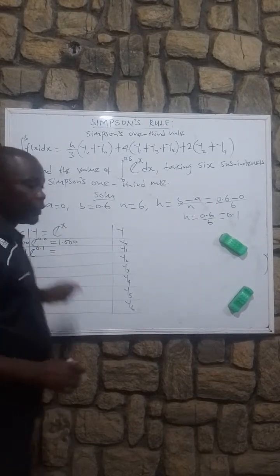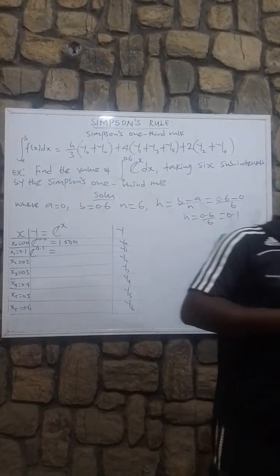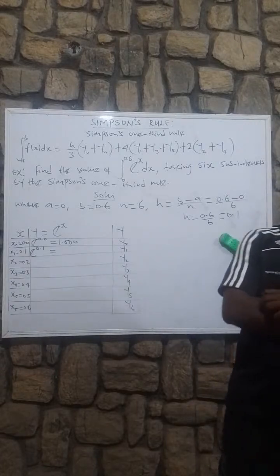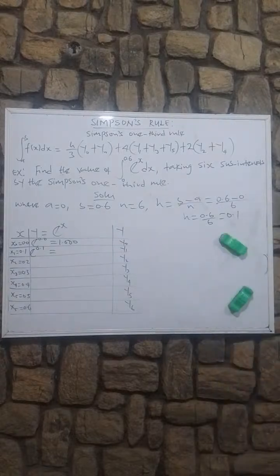Press your calculator. Exponential 0.1 will give you 1.10517.